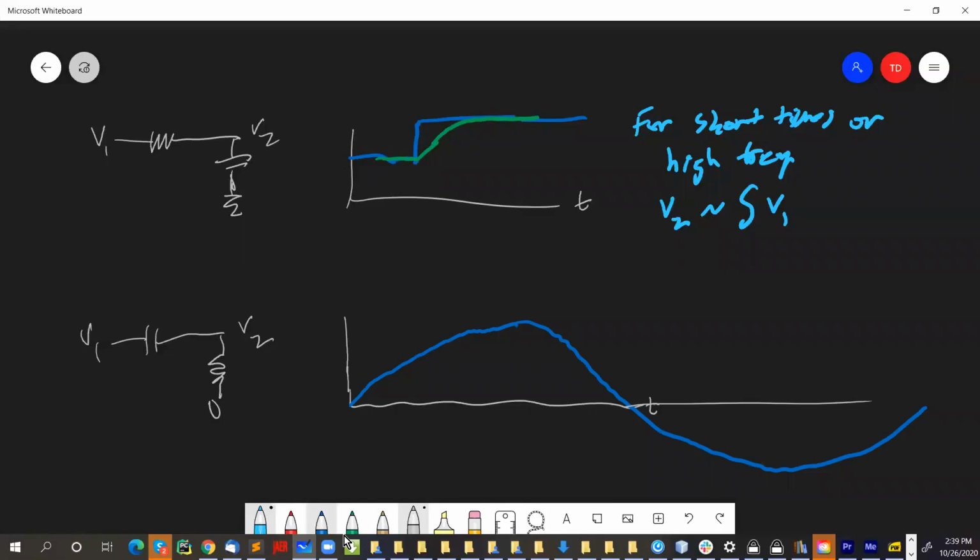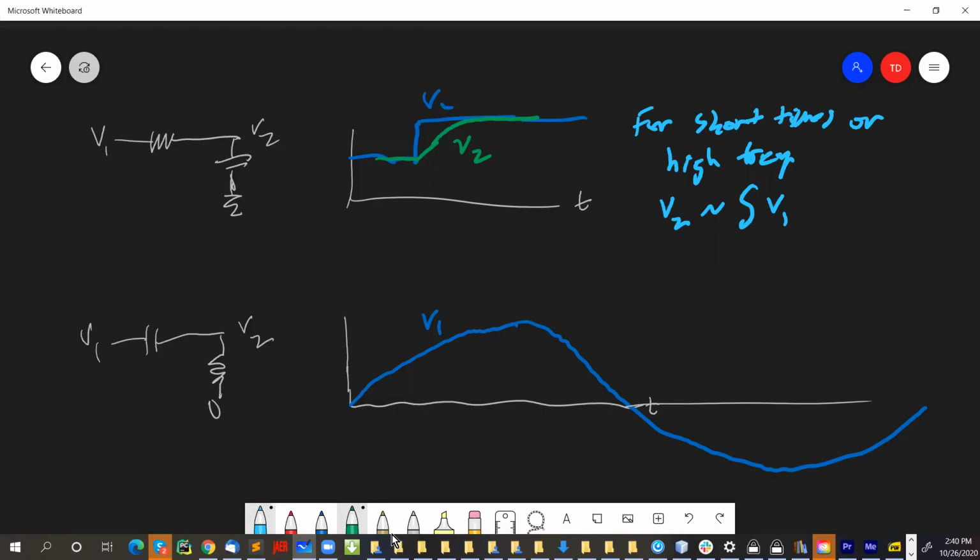So the observation is that if V1 changes slowly with time, then V2 is going to be almost equal to 0. Is that clear? Because if V1 doesn't change at all with time, then V2 doesn't move at all, it just stays at 0.